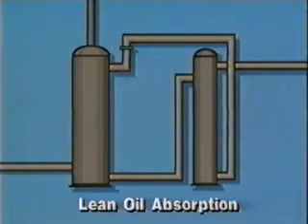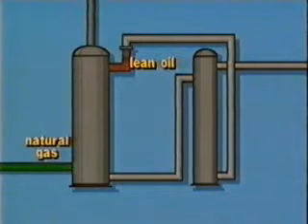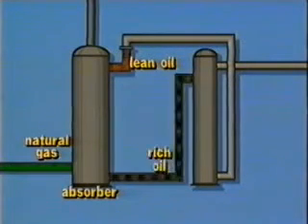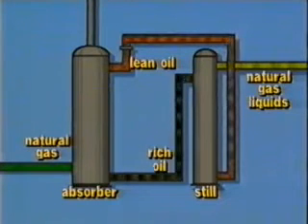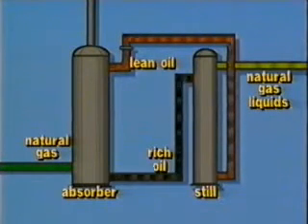Lean oil absorption is one of the oldest separation processes that is still in use. In this process, when the lean oil comes in contact with the natural gas stream, it absorbs the heavier hydrocarbons. The oil, rich with trapped hydrocarbons, is stripped to recover the heavy hydrocarbons and prepare the oil for recycling. The heavier hydrocarbons are recovered by warming the oil mixture.